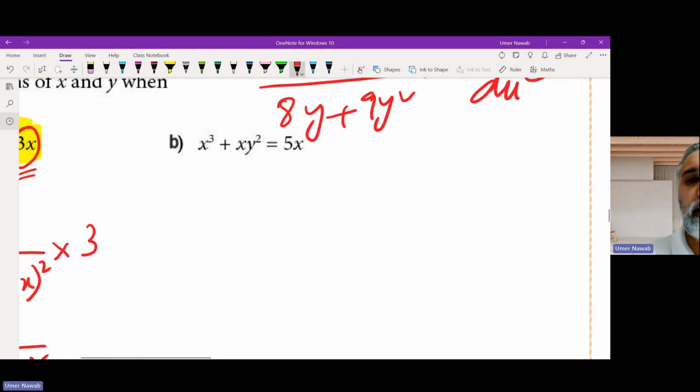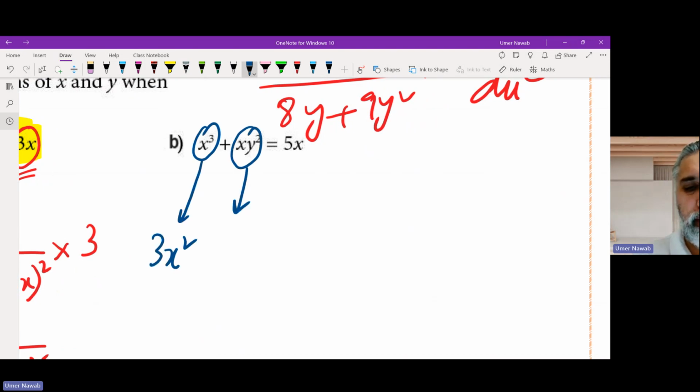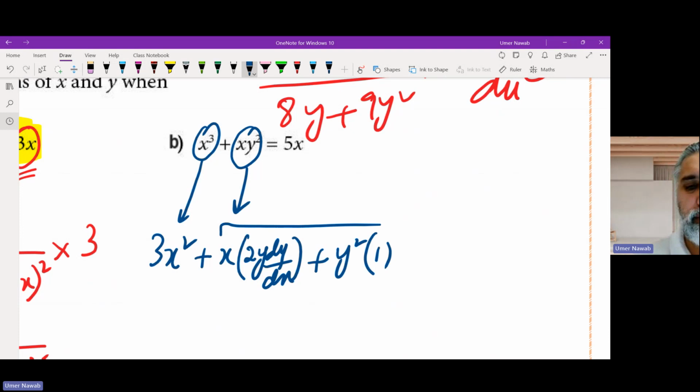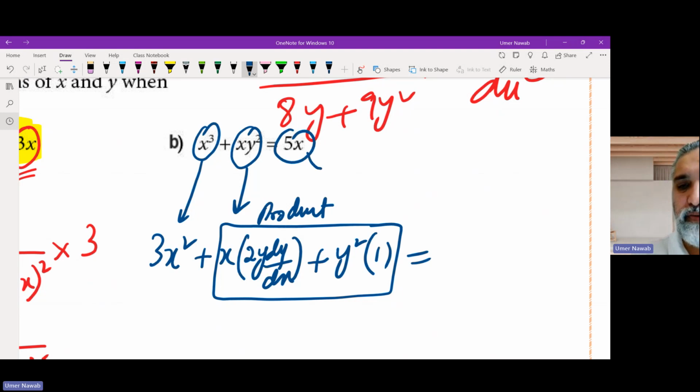Now I have to apply here x cubed, which is 3x squared. I have to apply the product rule. x as it is, the derivative of y squared is 2y dy by dx, and then you leave y squared. What is the derivative of x, which is 1? So guys, can you see I have applied the product rule here? And what is the derivative of 5x, which is just 5?